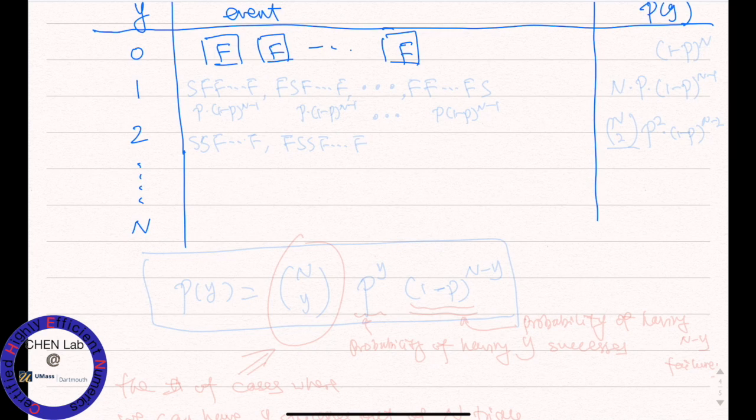So we should multiply all these probabilities together. You need to multiply all those 1 minus p's together, which makes 1 minus p to the n.